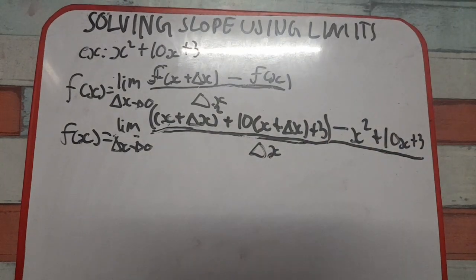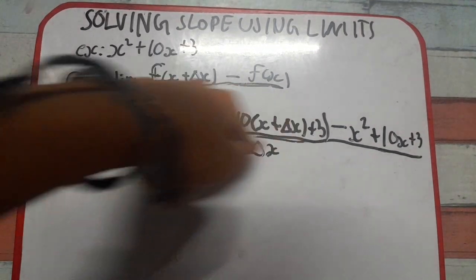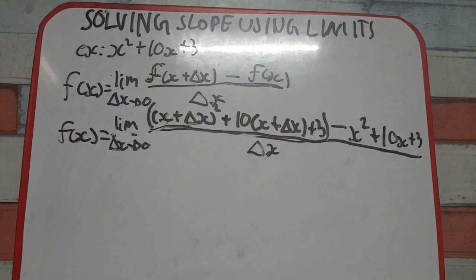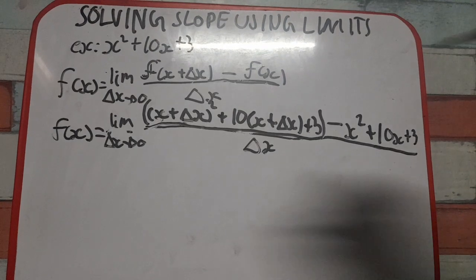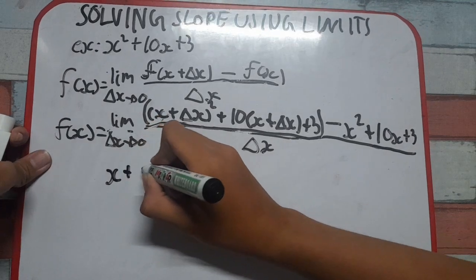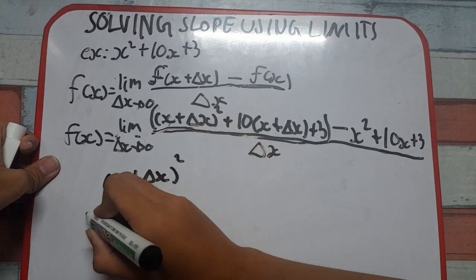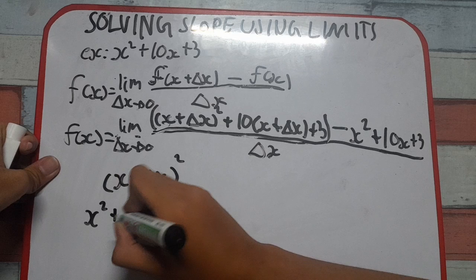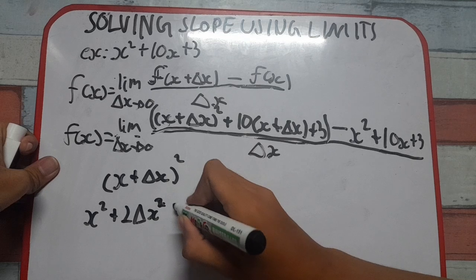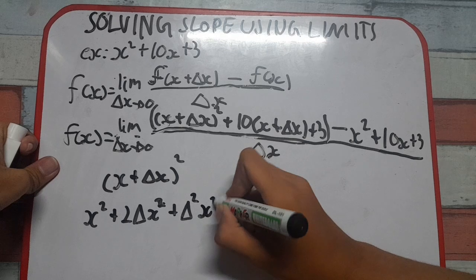Before we continue and move on, we must expand all of this part in here, to start with x plus delta x squared. So this will give us a value of x squared plus 2x delta x plus delta x squared.